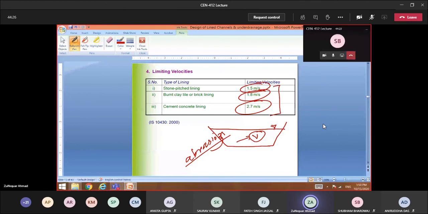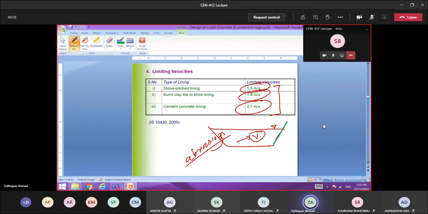You must not take any velocity arbitrarily. It's not like you are designing a channel with a 5 meter per second velocity. Maybe you can design a channel of 5 or 10 meter per second velocity, but that is a special case, and you have to see what type of material is to be used. In general, for brick lining and concrete lining, the concrete provided is of M10, M15 or M20.